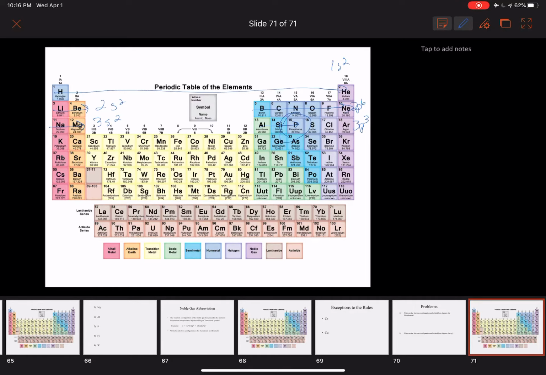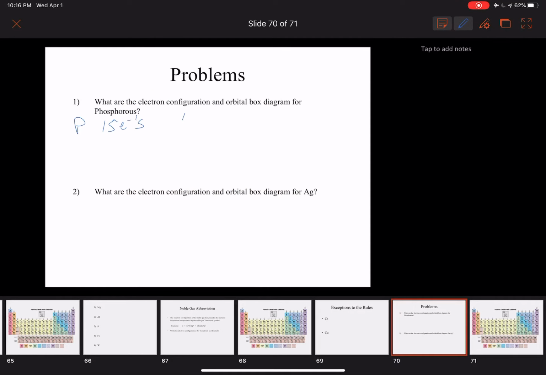Okay, so back on the slide, we've got 1s2, 2s2, 2p6, 3s2, 3p3. Now the problem also says write the orbital box diagram for phosphorus. For an orbital box diagram, we have to actually draw boxes.